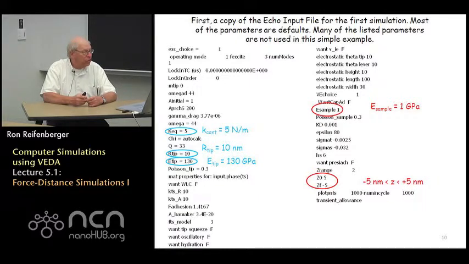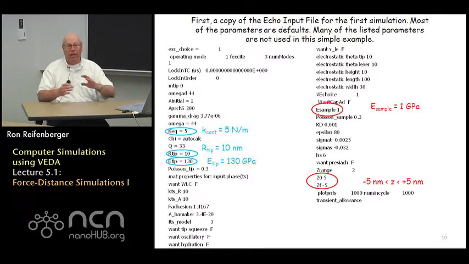In this particular case, I selected a spring constant of 5 newtons per meter. I think that's a default. The tip radius is 10 nanometers. That's also a default. The tip modulus is 130 gigapascals. That's also a default. Those numbers can clearly be changed, but for the purposes of this simulation, these are the values that we've selected.